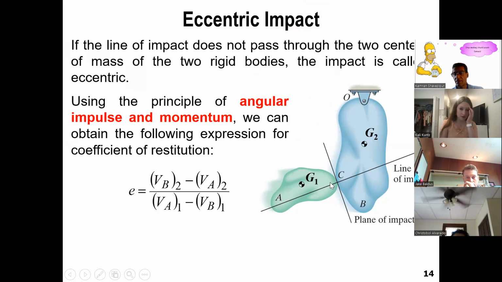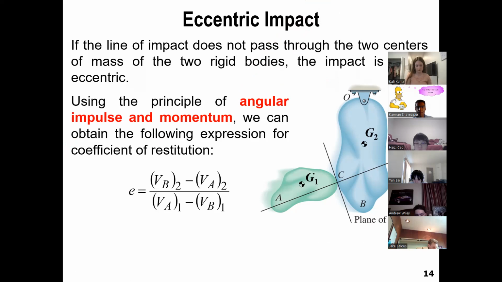For particles, we don't have to emphasize the velocity of the contact point because we assume the entire particle has the same velocity, right? But for a rigid body, imagine this is my hand. If it rotates, this point and this point and this point don't have the same velocity. So if something hits here, you're going to have one velocity. If something hits here, you have another velocity. You have to find the velocity of the contact point.